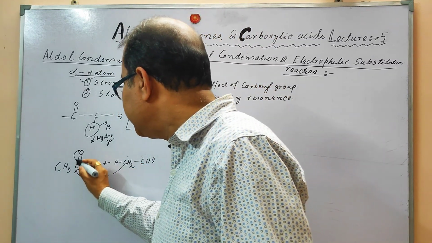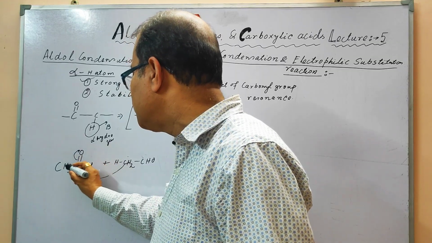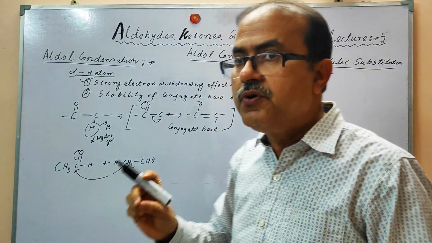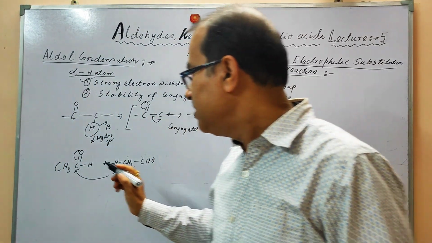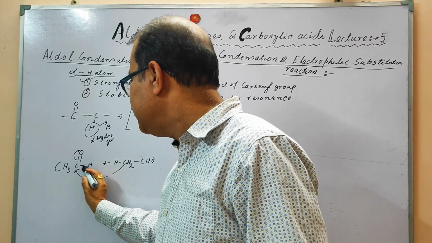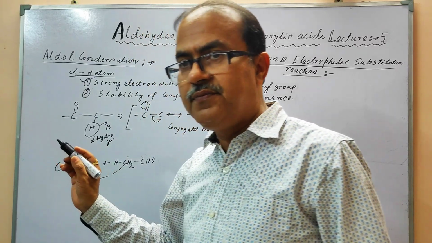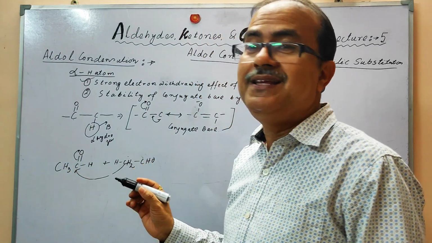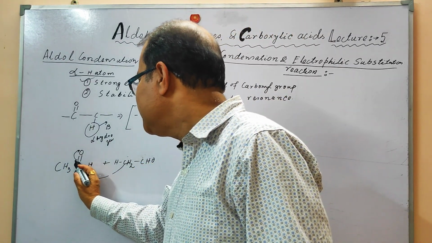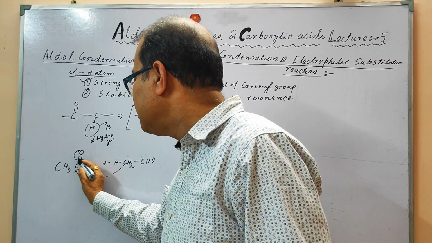When it moves here, the electrons will go there to satisfy the carbon's fourth valency. Because if this double bond is there, and another bond is formed, then carbon will have five valencies, but that is not possible. Due to this, these pi electrons will shift there.